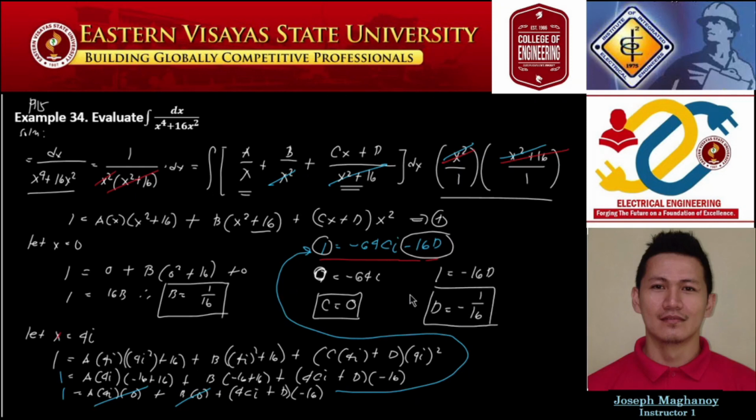Do we have a complete value? So we have our b, we have our c, 0, and d. We only still have a to determine. So for our a, we can assume x equal to 1. So moving on to our next page.